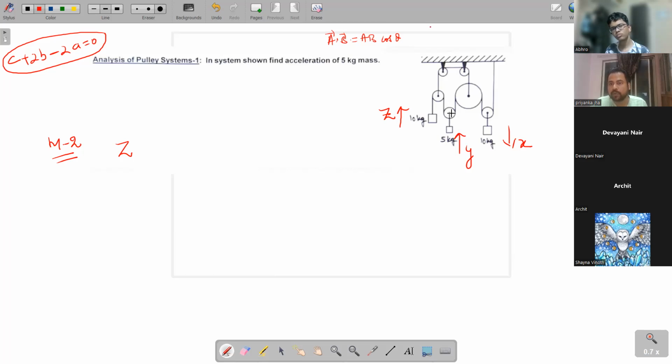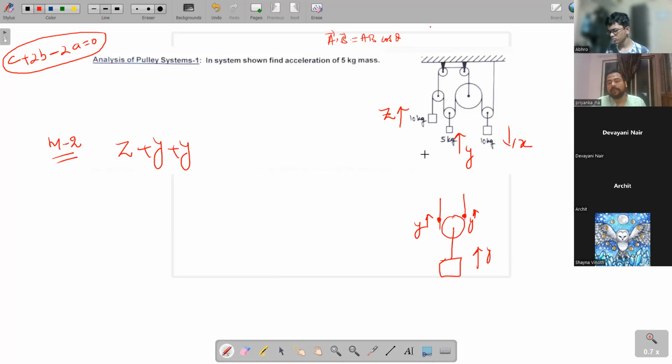So of course the pulley has to go Y up. If this block goes up by Y, the pulley will also go up by Y. So each point, this point and this point, both points will go up by Y. So because this pulley is going up by Y, this string will slack by Y. This string will also slack by Y because this part is also going up by Y.